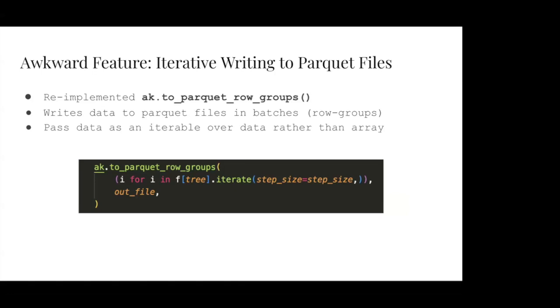There previously wasn't an iterative function for going from an awkward array to a Parquet file. So to allow users in hepconvert to go from root to Parquet files in batches, I wrote this function, which will essentially read and write. So there's only one row group in memory at a time, so users can write large files. So you pass an iterator instead of a whole array.